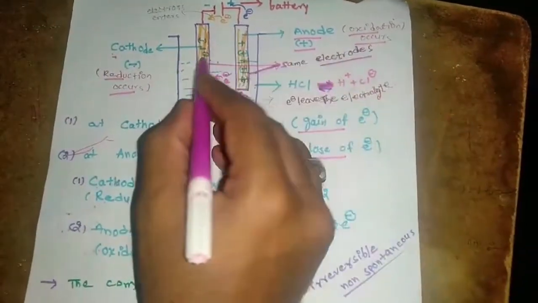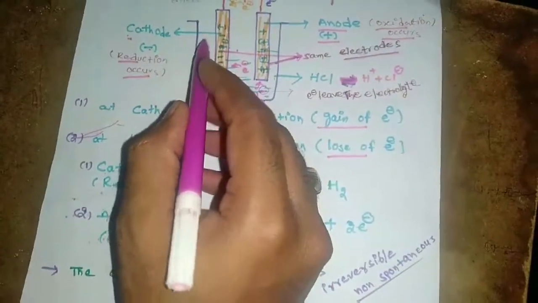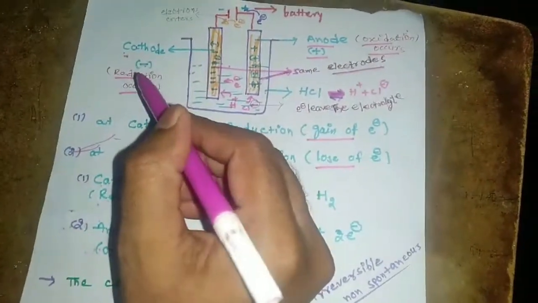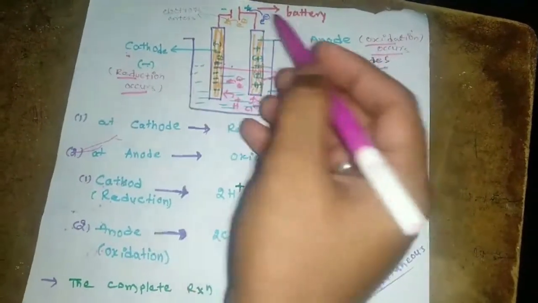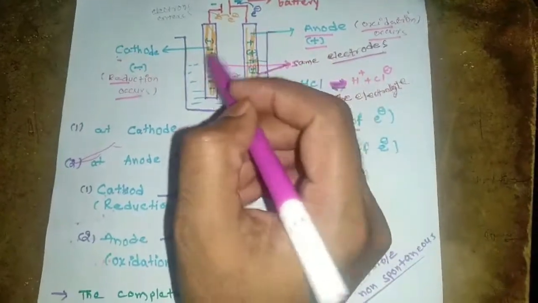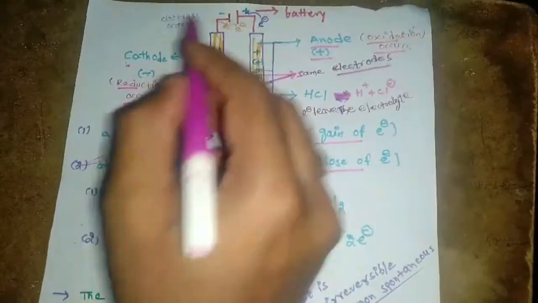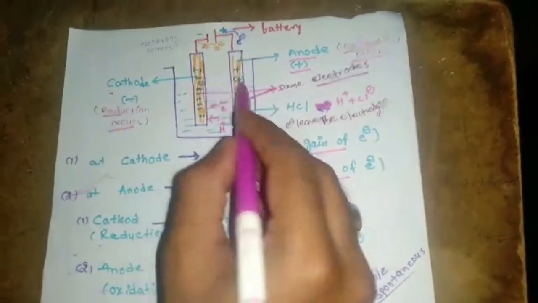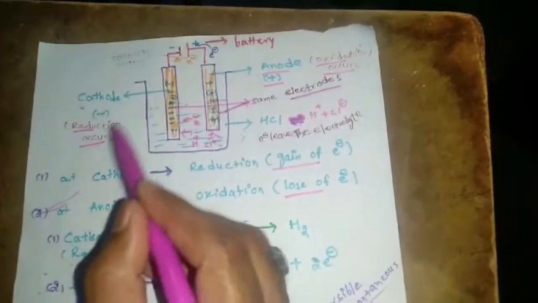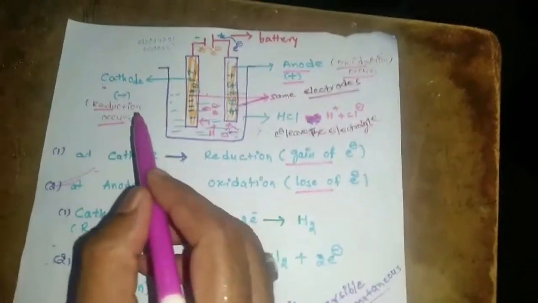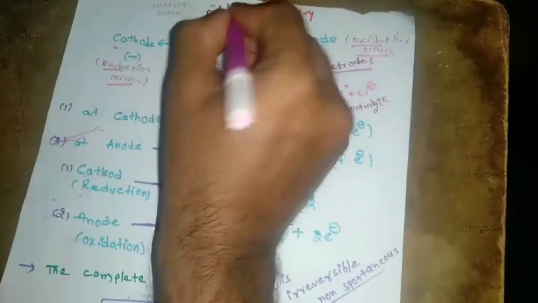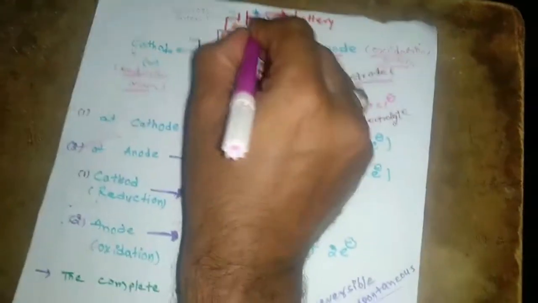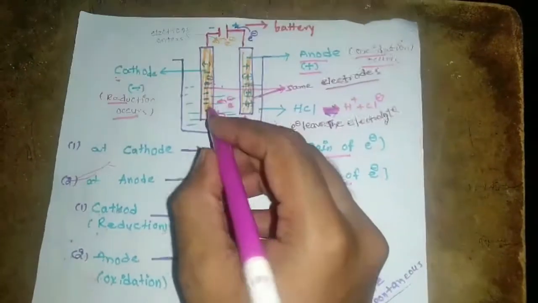Here see, these two electrodes are the same. So you have to take graphite or platinum, whatever that electrode is. The two electrodes are the same. These two electrodes are dipped in the same electrolytic solution. So when you connect the battery, this is a battery, I connected it with the two electrodes.